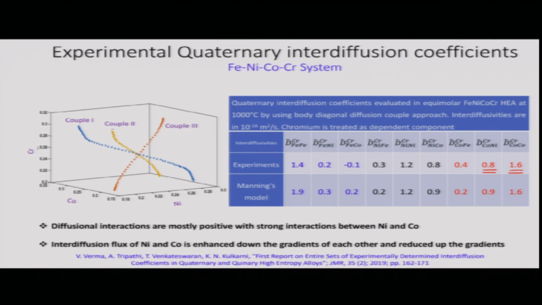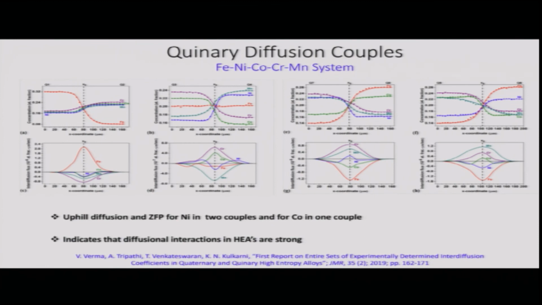If we look at D nickel cobalt, it is positive and close to the value of main coefficient D nickel nickel, which means the nickel and cobalt exhibit strong diffusional interactions in the quaternary iron nickel cobalt chrome system, and their interdiffusion fluxes are enhanced down the gradients of each other and reduced up the gradients of each other.